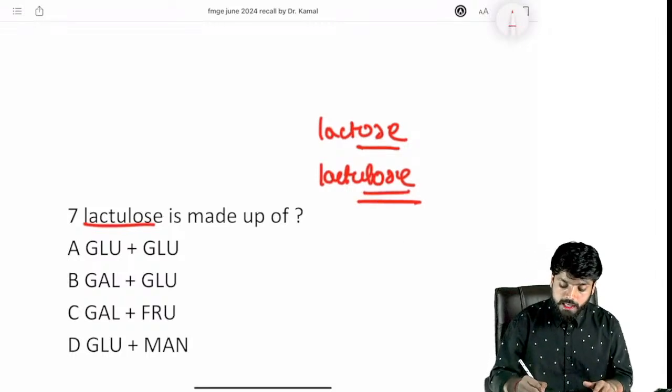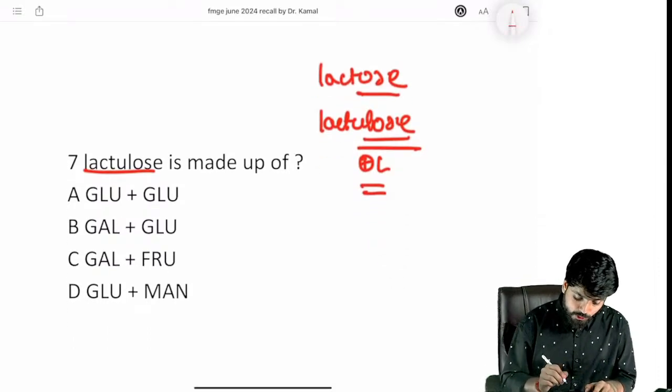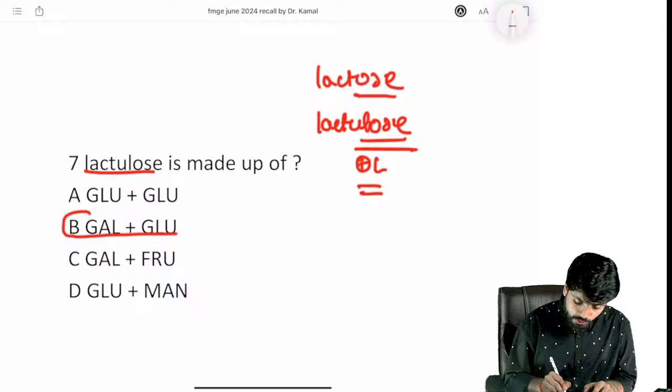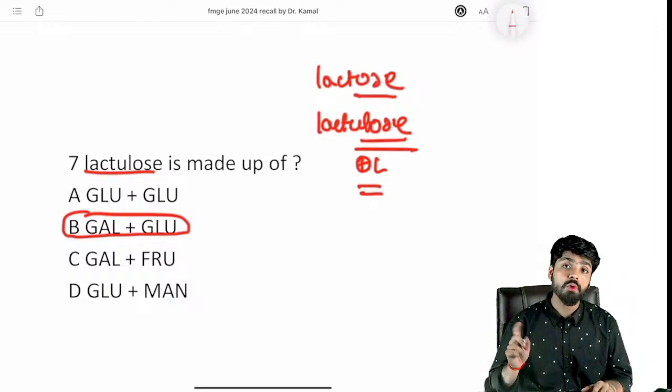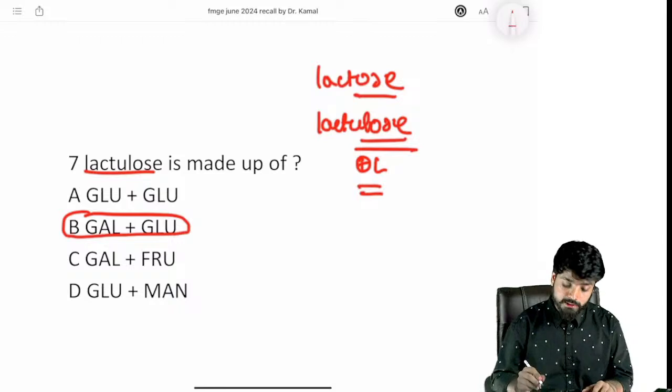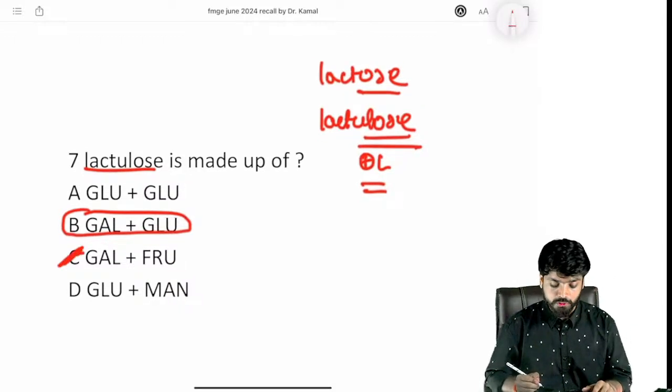An L will be added, plus L for fructose. That's why if they had asked about lactose, it would have been galactose plus glucose. But because they asked about lactulose, one additional L is there. That's why the answer was galactose plus fructose.